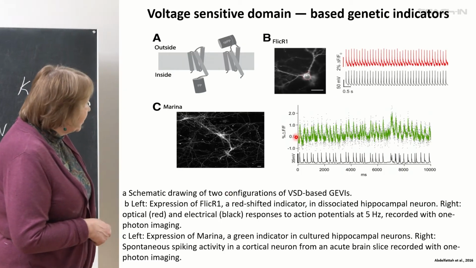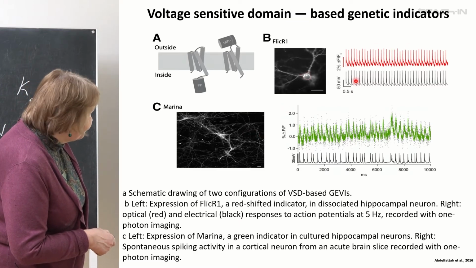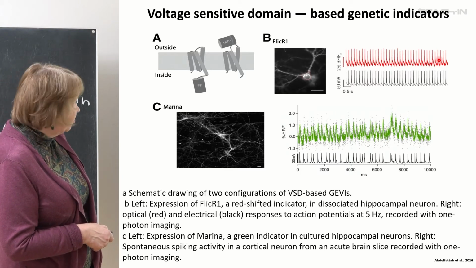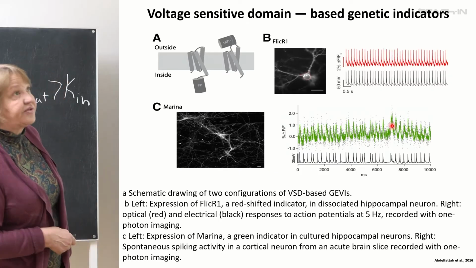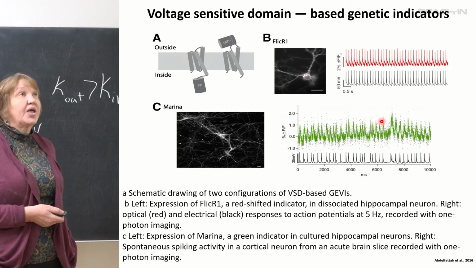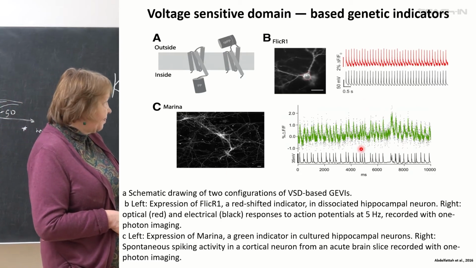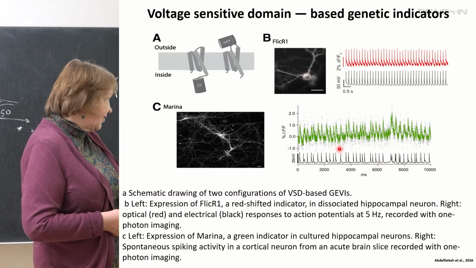And these are neurons expressing it, and this is activity response to action potentials, and you see it works actually. And in this case, this indicator reports spontaneous spiking activity in neuron.